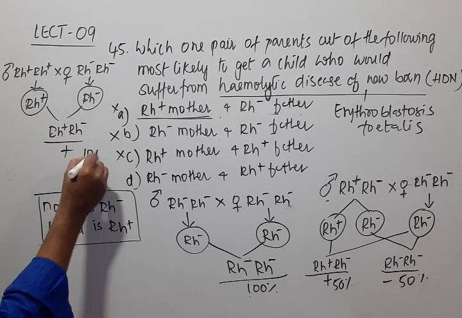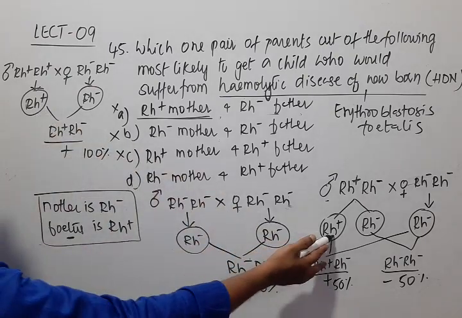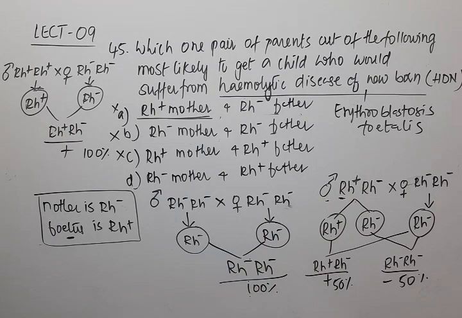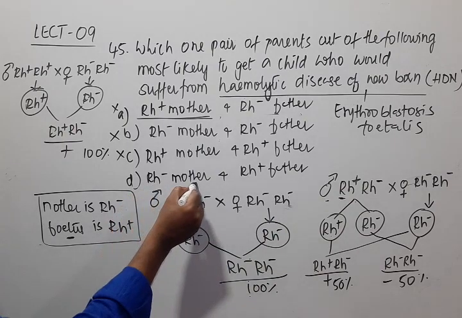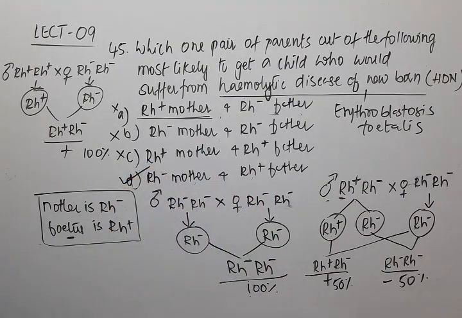So it means 100% of their children will be positive. In either of these conditions the father is positive and the mother is negative. So Rh negative mother and Rh positive father is the right answer for this.